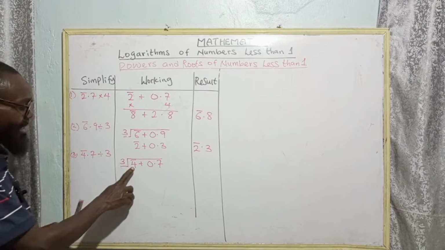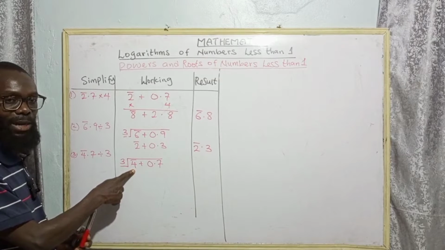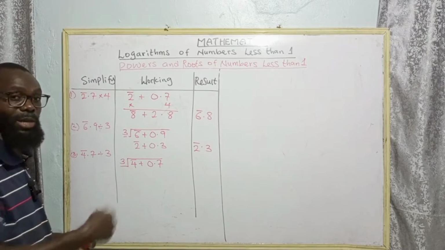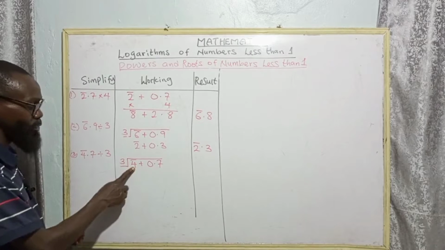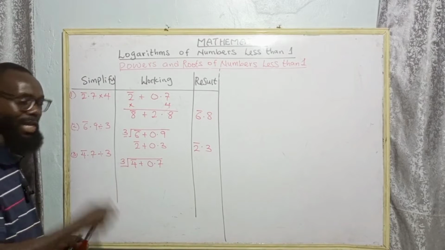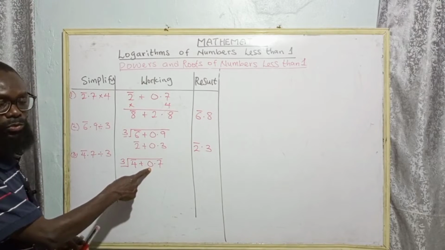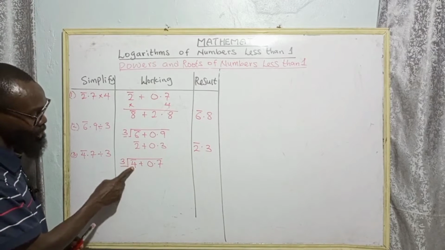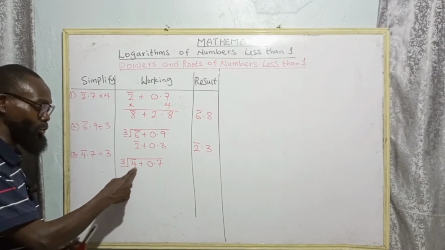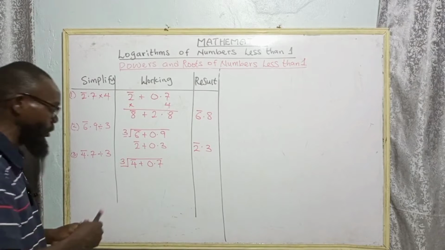So if I can increase this 4 to 6, that is adding minus 2 to this minus 4, gives us minus 6. If I increase this 4 to 6, so that 3 can go in, I will also add the same number to this 0. So any number you use to increase this 4, you now add it to this number that is here. And the number here is 0.